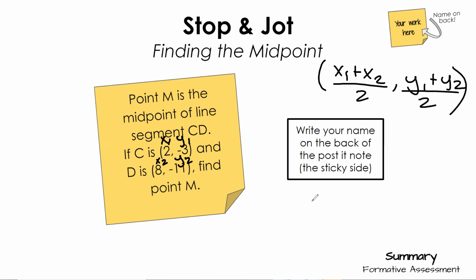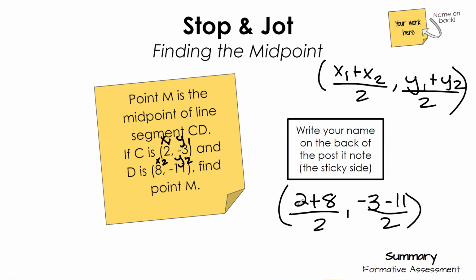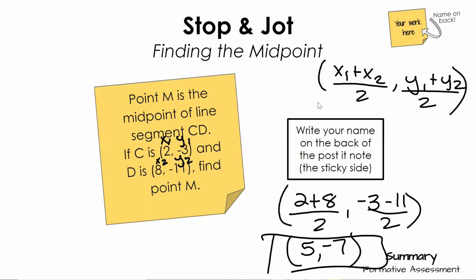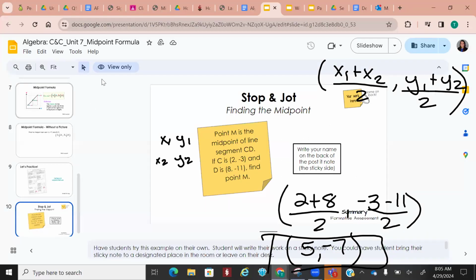So you add them together and then divide by 2. Add them together and then divide by 2. So 2 plus 8 is 10. 10 divided by 2 is 5. Negative 3 minus 11 is negative 14. Negative 14 divided by 2 is negative 7. So majority of y'all got that. If you struggle with it or you add it wrong, it's okay. So let's get a little bit of practice on this stuff, as well as the parallel perpendicular stuff. So hang on.